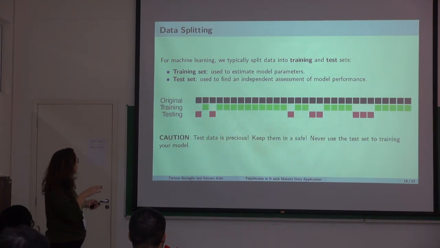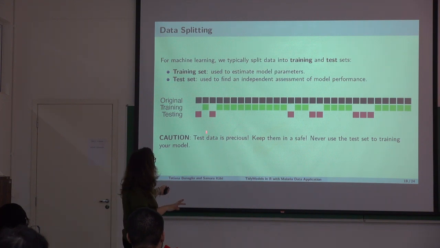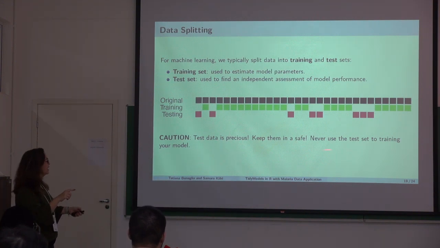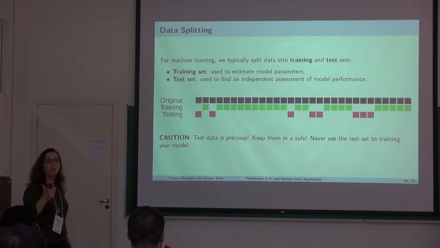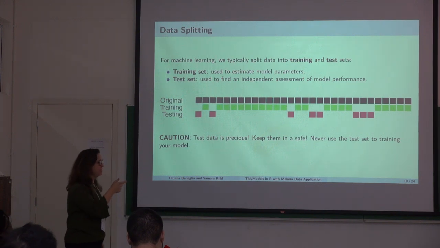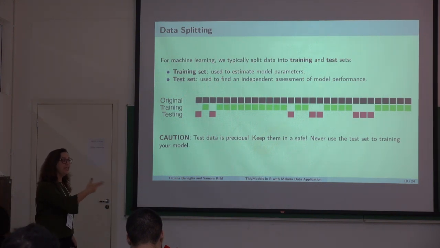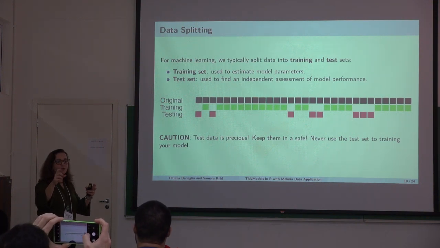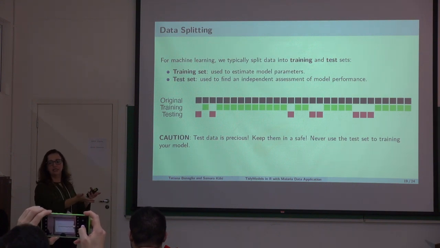Test data is precious. You put it in a safe, and never use test sets to train your model. Why is that? Because modeling is very optimistic related to your data. If we do ordinary least squares, the technique is to minimize the error according to the data you are seeing.